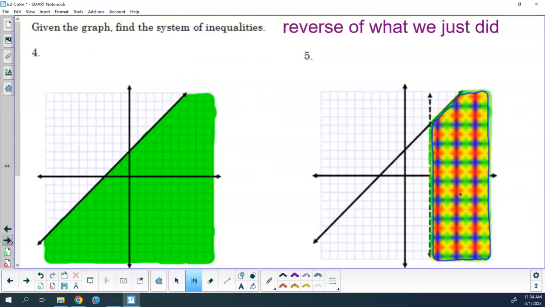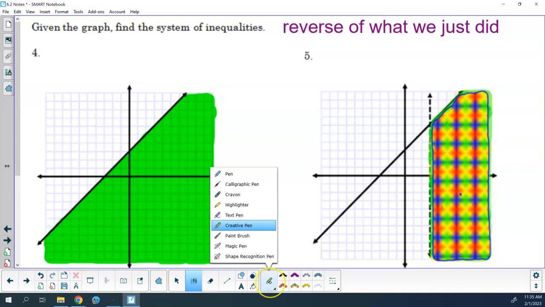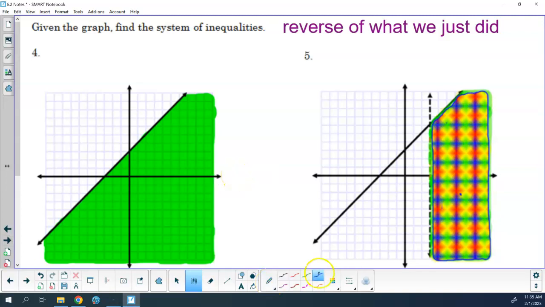Now, we can also work backwards with that based off of the graph. It's just the reverse of what we just happened to do. So first off, I would start with the line or the absolute value or whatever it is that you have graphed. In this particular case, in number 4, we have a line graph, and that line has a y-intercept of +3.